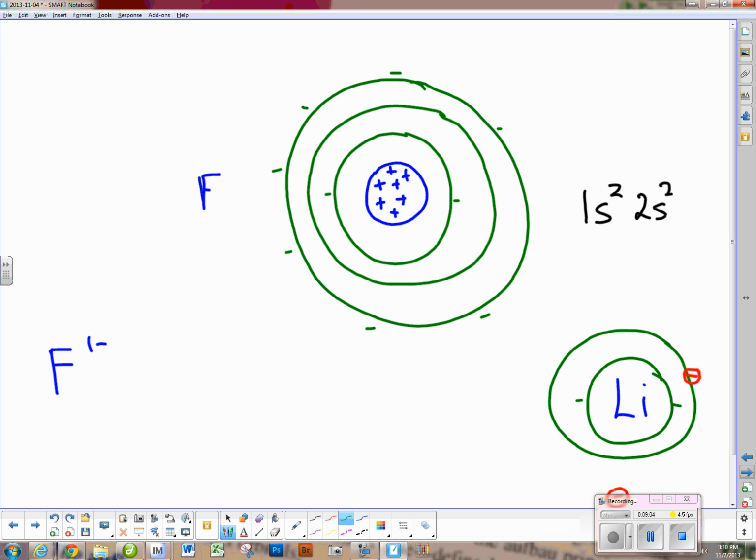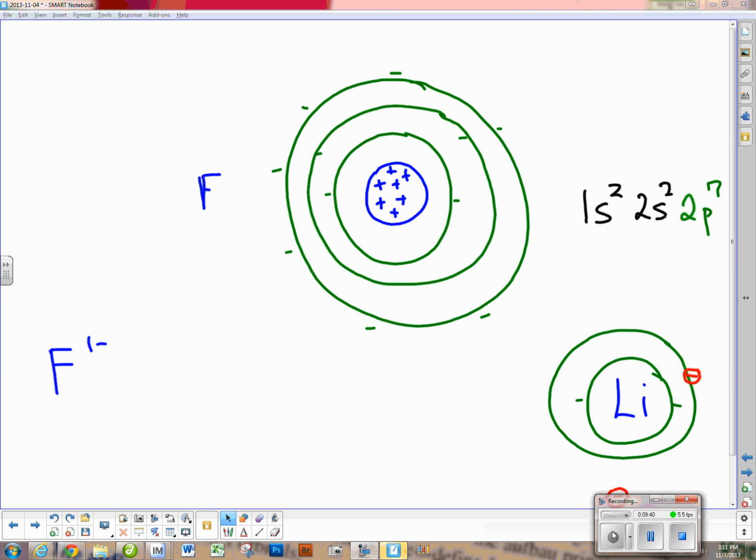There's the 2s. And the 2s has 2 electrons. Okay, this is more accurate now. So the 2s has 2, and the 2p has how many? 7, right? 7. This is fluorine, the atom.